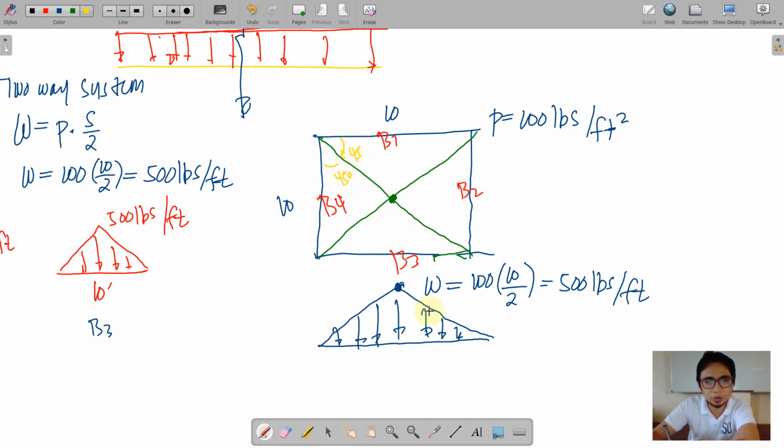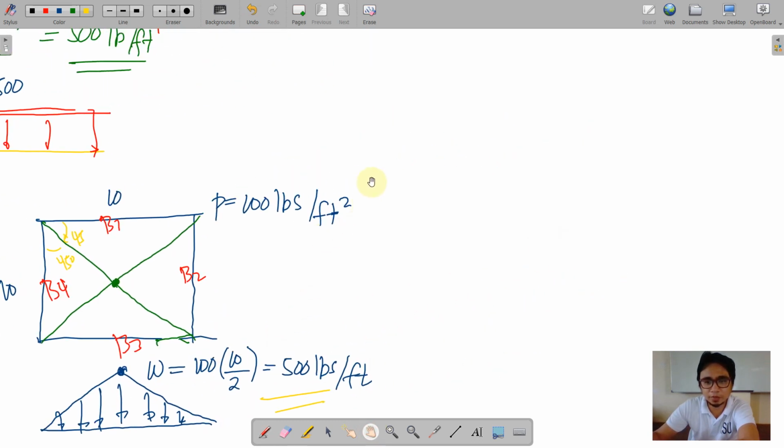So what you just do is that solve for the pressure and then the shorter distance divided by 2. So if your distances are equal, or the dimensions are equal, therefore just adapt any of those and divide it by 2, multiply it by the pressure. Okay, so let us have a summary for that.